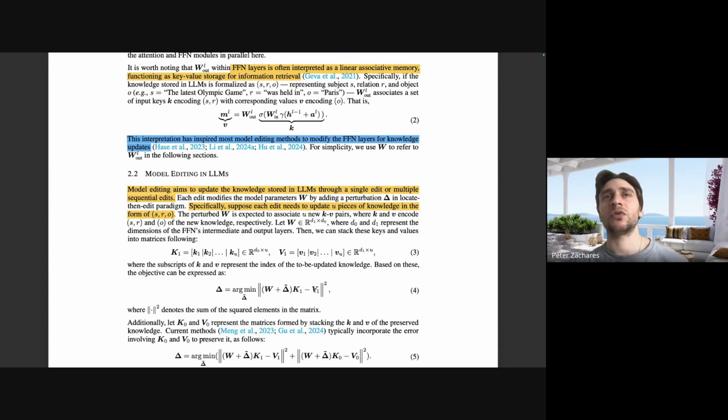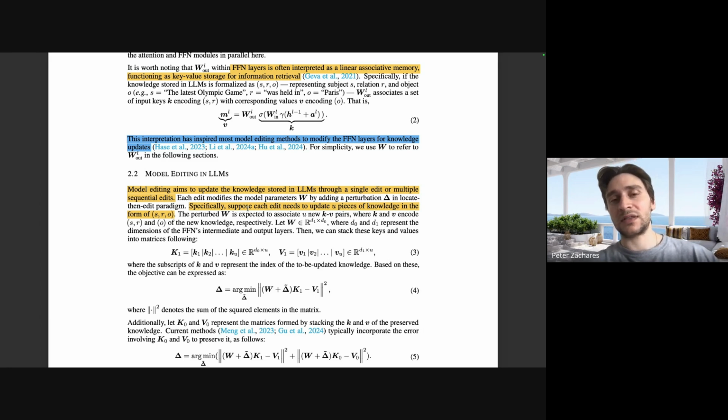So shouldn't they always be equal to each other? But that's actually not the case. V1 over here, which is the new knowledge that you want to have extracted, is not the output of this layer. It's not ML over here. V1 is actually a target that you calculate that's different.